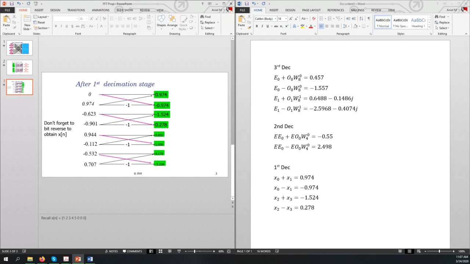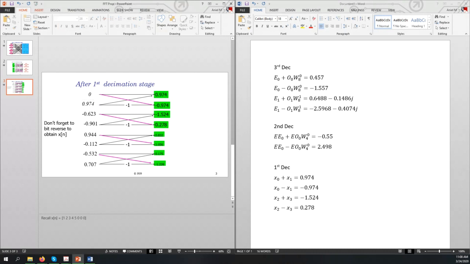Now, the last step here is that we need to bit reverse in order to get it back into the actual sequence that x of n is supposed to be. To give you an idea of what's going on, remember that these values here were reversed in order to set up for the butterfly diagram. So the position of this value here, if you watch it in binary, is 0. But the position of this value here, when you bit reverse it, is actually going to be 4.